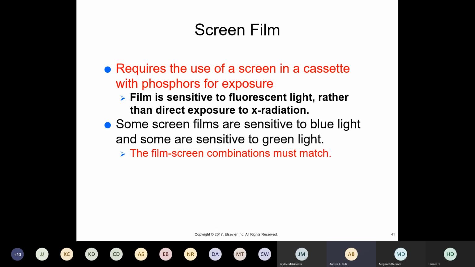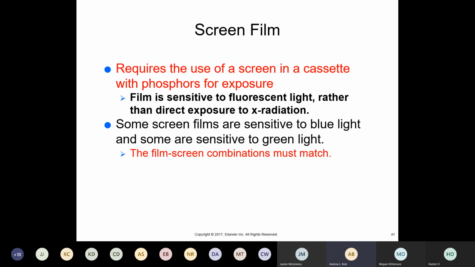It causes the phosphor crystals to fluoresce, and that light is what exposes the film. So the actual X-rays themselves don't. It's the phosphor crystals on that screen that luminesce and cause that light to expose the film.